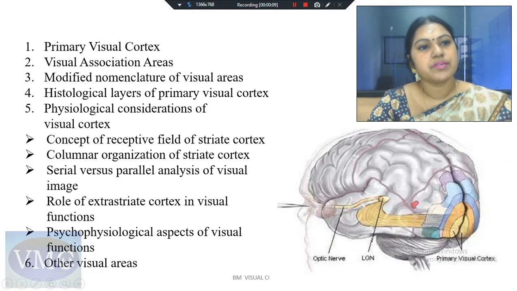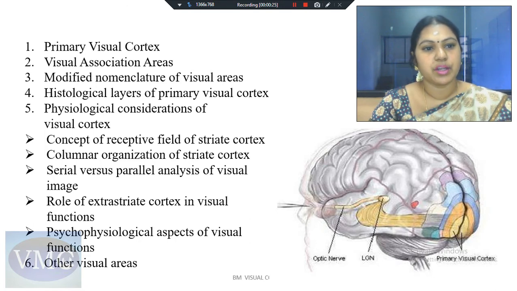So the objectives of this class will be to know about primary visual cortex, visual association areas, modified nomenclature of visual areas, histological layers of primary visual cortex, physiological considerations of the visual cortex.